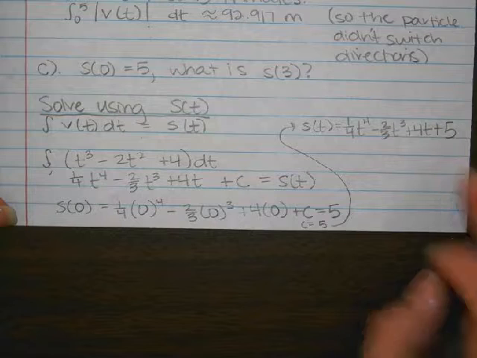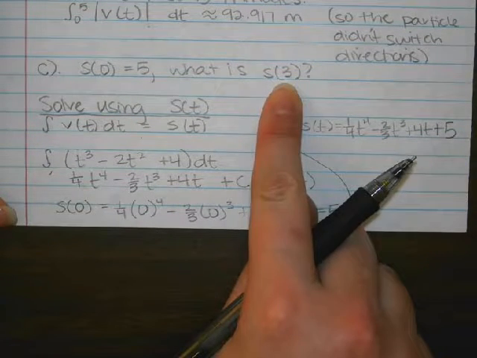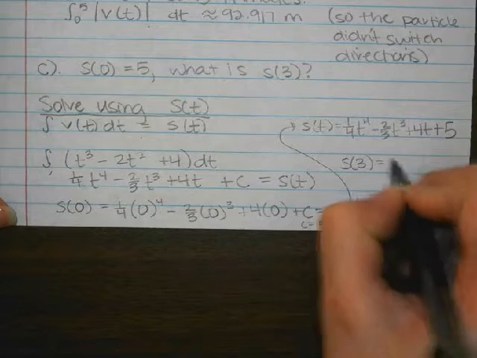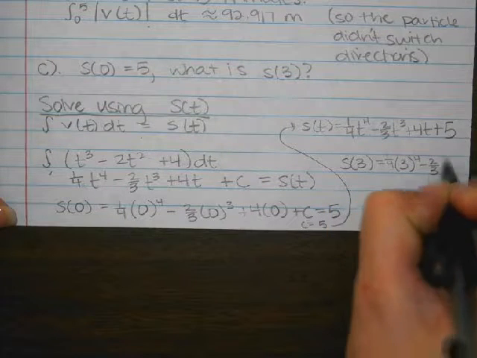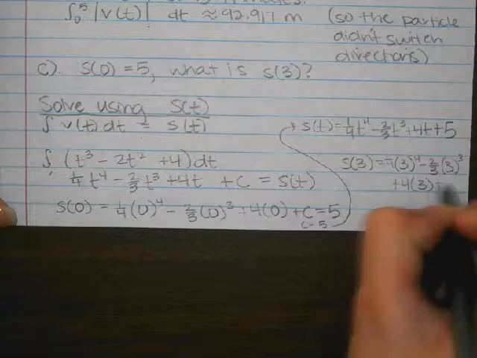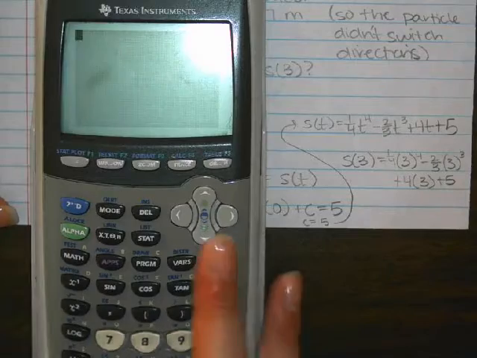And now that I know that, what can I do to find s of 3? Plug it in. So s of 3 is 1/4 times 3 to the fourth minus 2/3 times 3 to the third plus 4 times 3 plus 5. At this point, yes, we can handle that math, but it's a little bit overkill to keep doing stuff by hand.